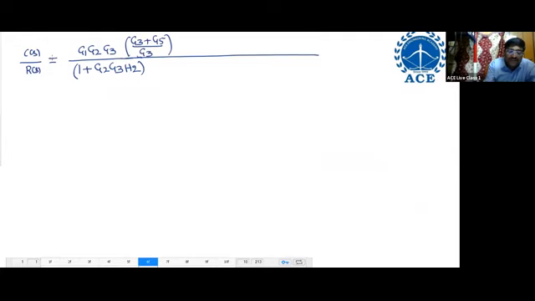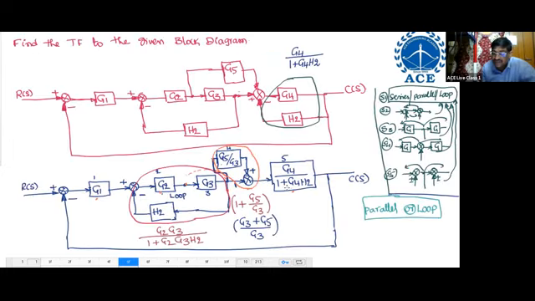Okay, series blocks you simplify first. Next, series blocks, or you can write it as a division also, nothing wrong. You can write G3 plus G5 by G3. Next, series with what?